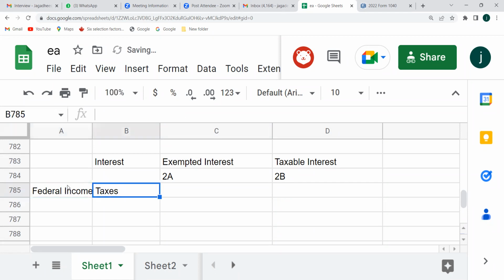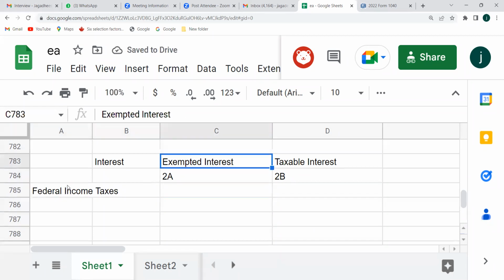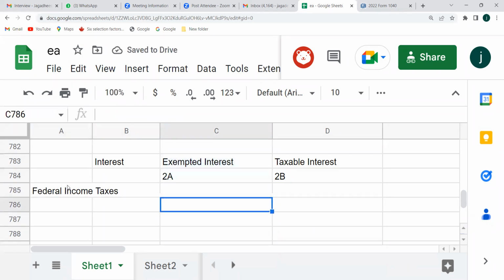As far as federal is concerned, interest will be exempted only in the case of interest amount received from the state government or local government. How many types of governments are there? Federal, state, and local. So if you are getting any interest from the state government or the local government, you need not pay any tax on it.